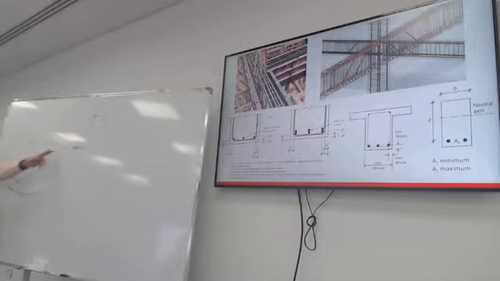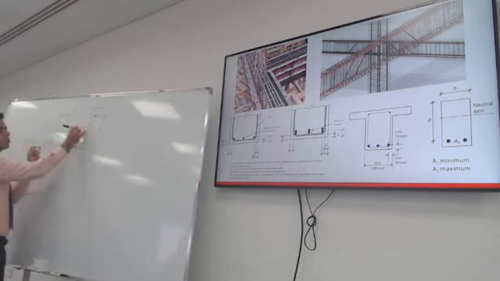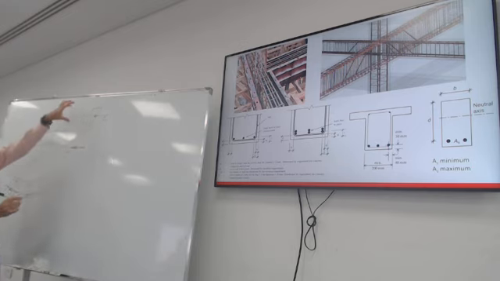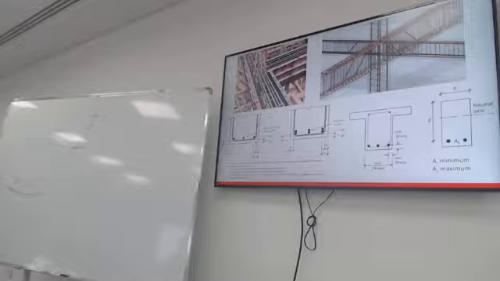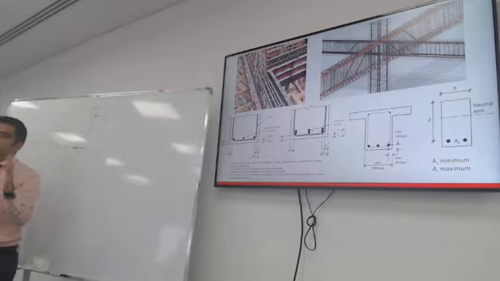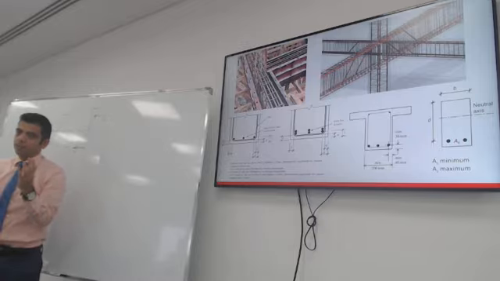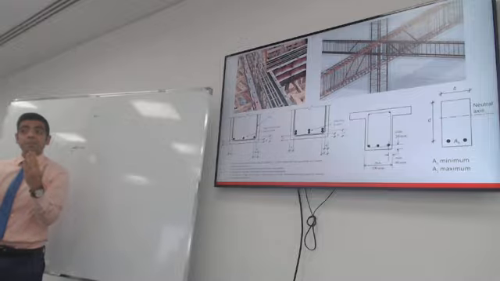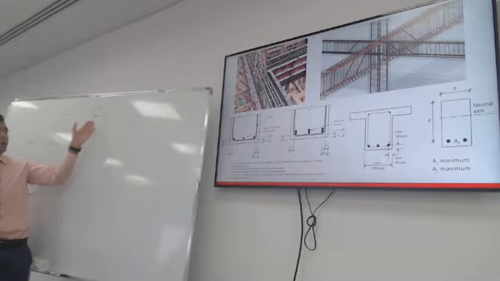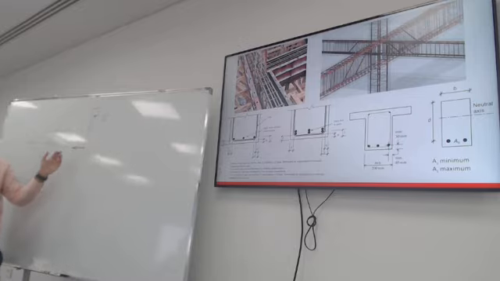This is the tension force in the steel bar, and above the neutral axis there is the compression resisted by the concrete. In order for this section to be in equilibrium, do you think there is a relationship between the compression force at the top and the tension at the bottom?